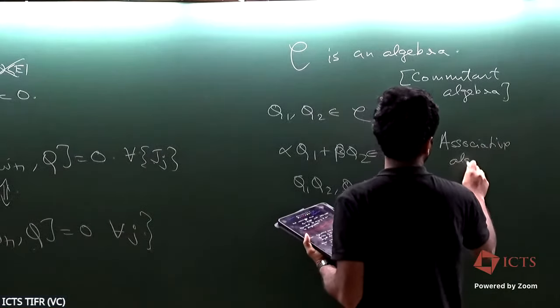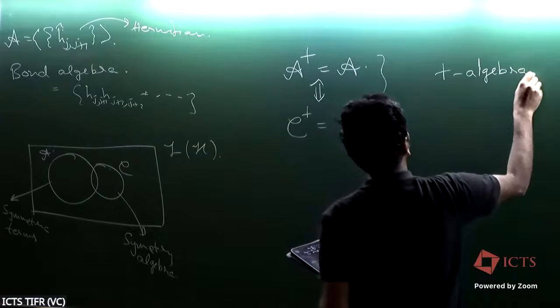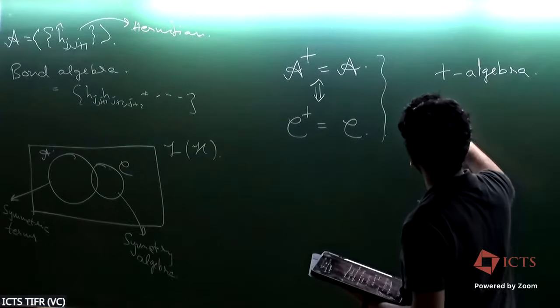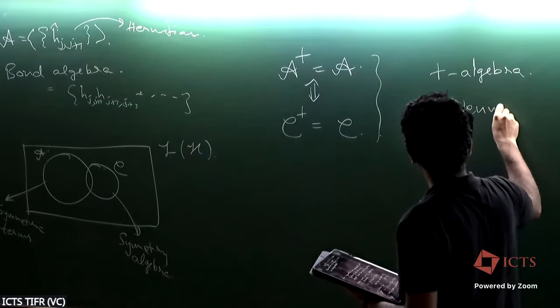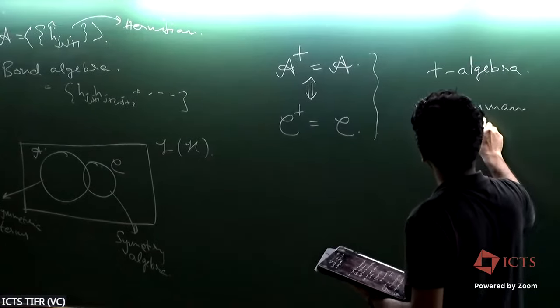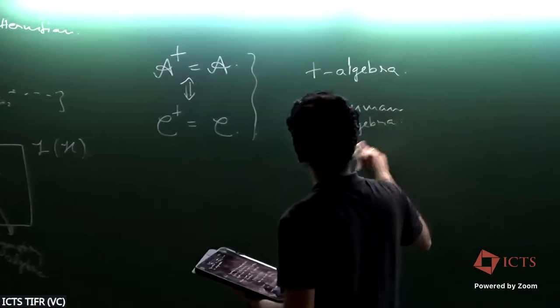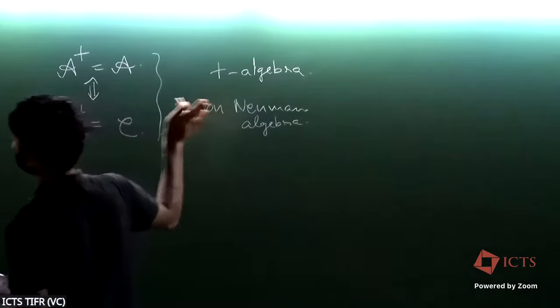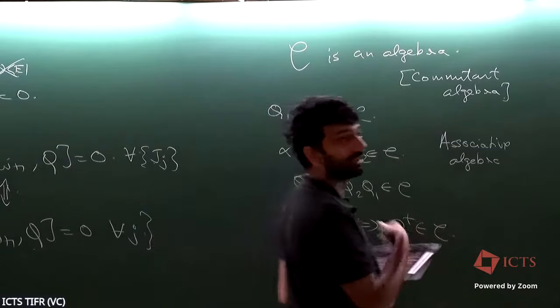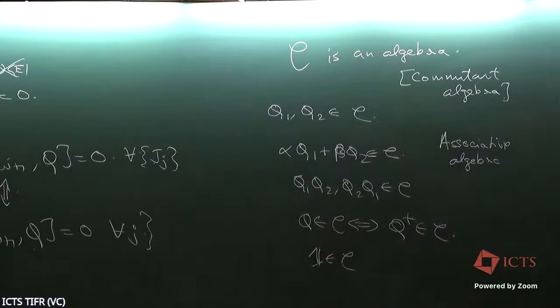These kinds of matrix algebras which satisfy this condition are sometimes referred to as dagger algebras, or more fancily, von Neumann algebras. Also, you need a small technical condition that the identity belongs to this algebra, but that you can trivially just put in by hand.